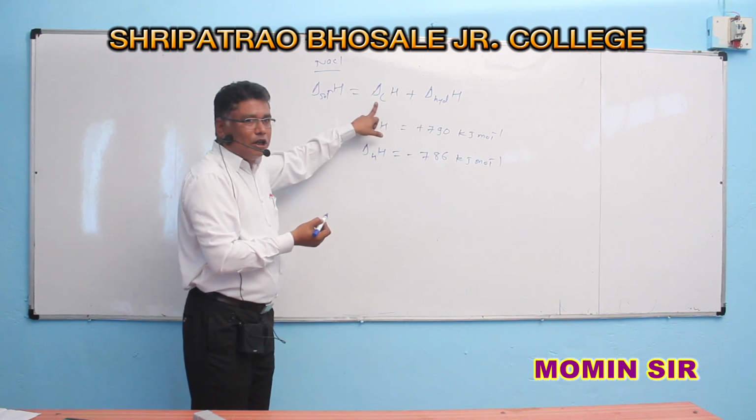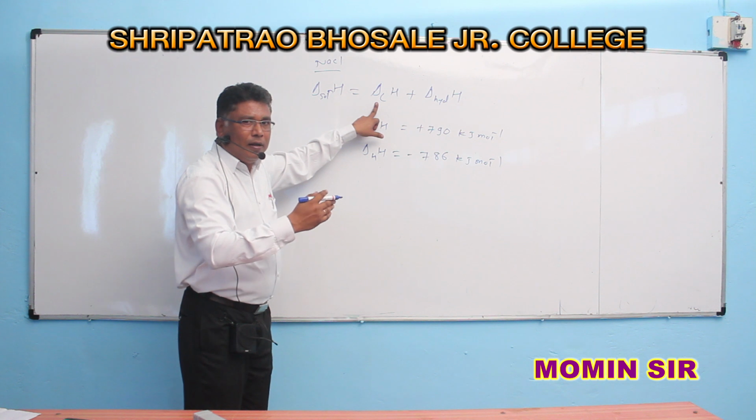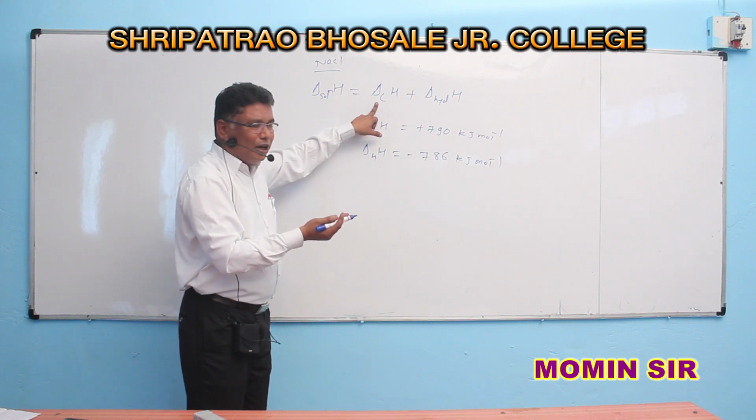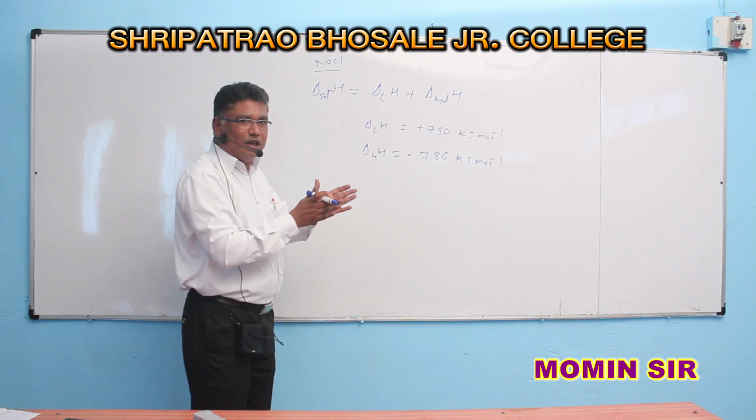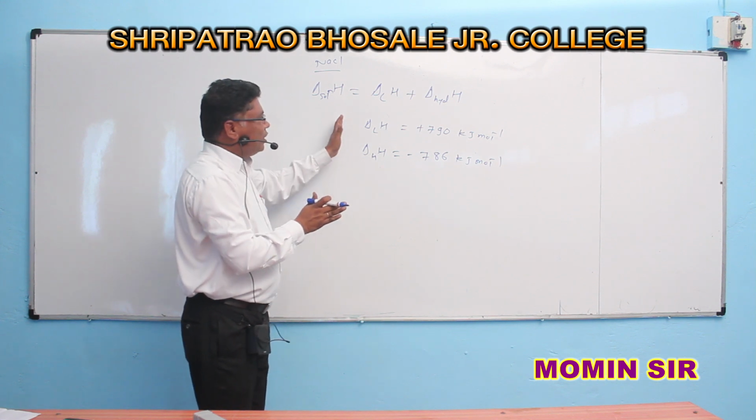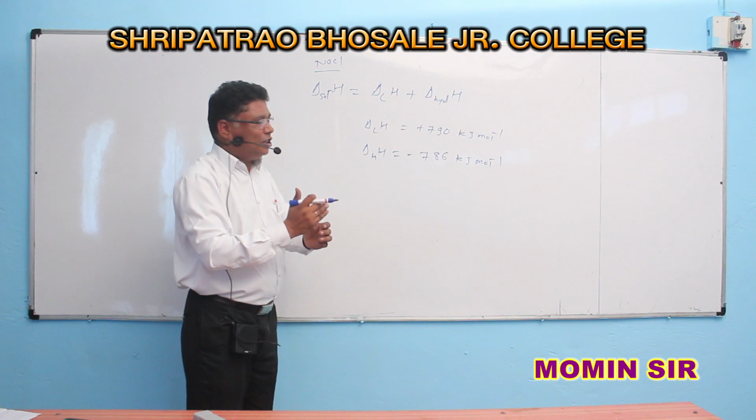Lattice enthalpy is the energy required to separate the ions in the first step. In the second step, hydration of the ions takes place.